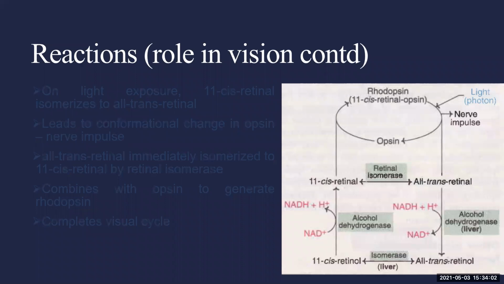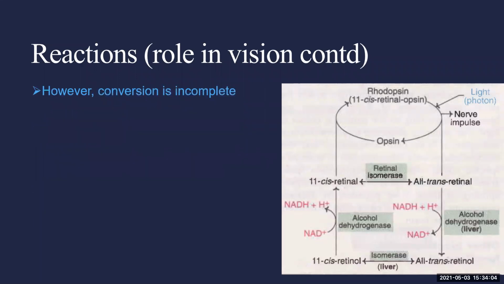However, the conversion is not complete. The visual cycle is complete, but the biochemical reaction is not complete. Now all the action shifts from the eye to the liver. Most of the all-trans retinal is transported to the liver. That means this all-trans retinal is not getting isomerized to 11-cis retinal.